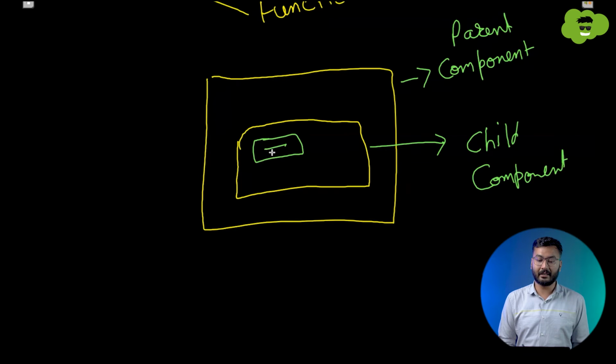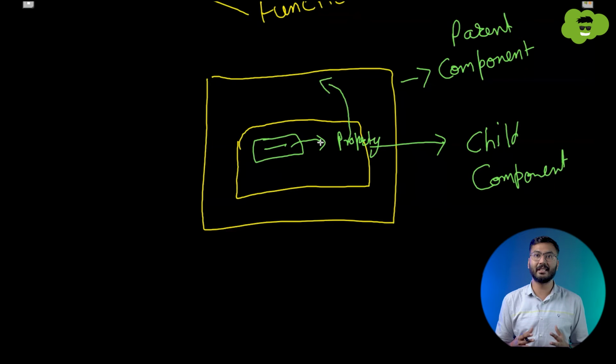Now, if this particular value has to be accessed by the parent, then we need to get this value inside a property, and that property should be public. Then only this property will be accessible by the parent. Otherwise, this property will not be accessible by the parent.